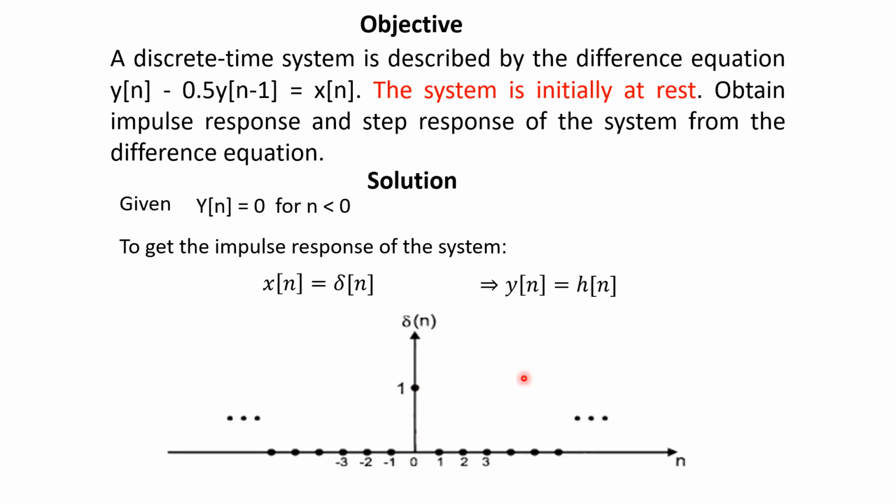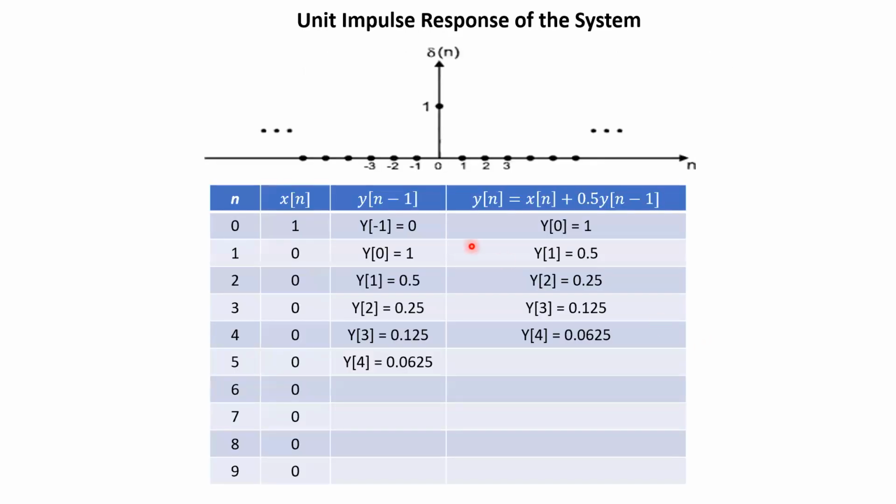Now we have to see how this response y[n] can be calculated when we apply this delta function as the input. Here I have calculated this response, because I have already implemented this expression. You can see it in the table.